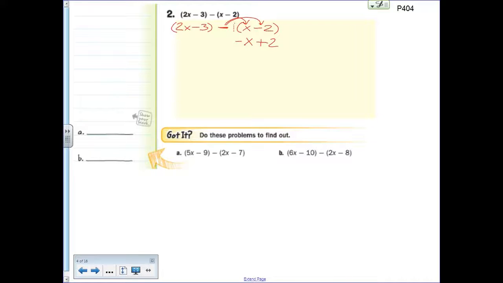Notice that in the parentheses, x was positive, but now it is negative. Notice that the 2 was negative, but now it is positive.